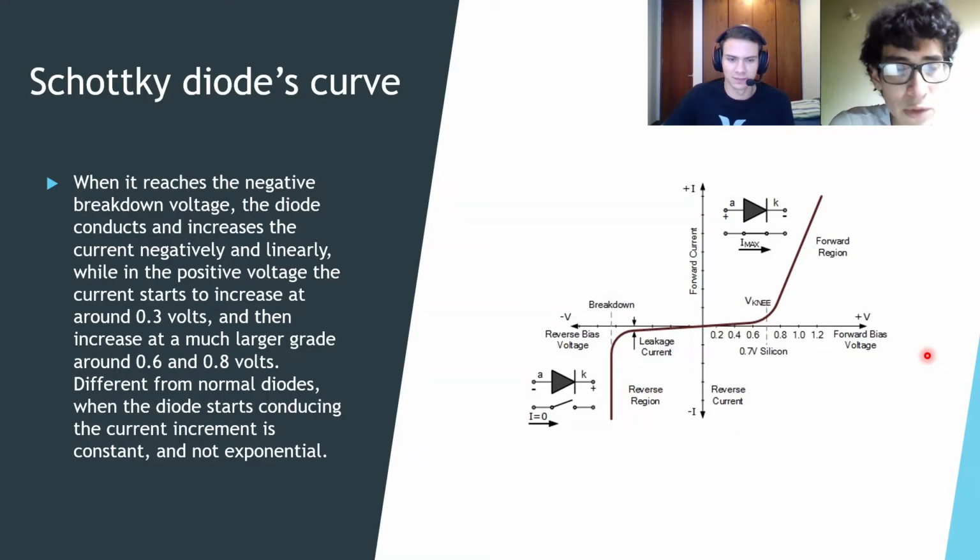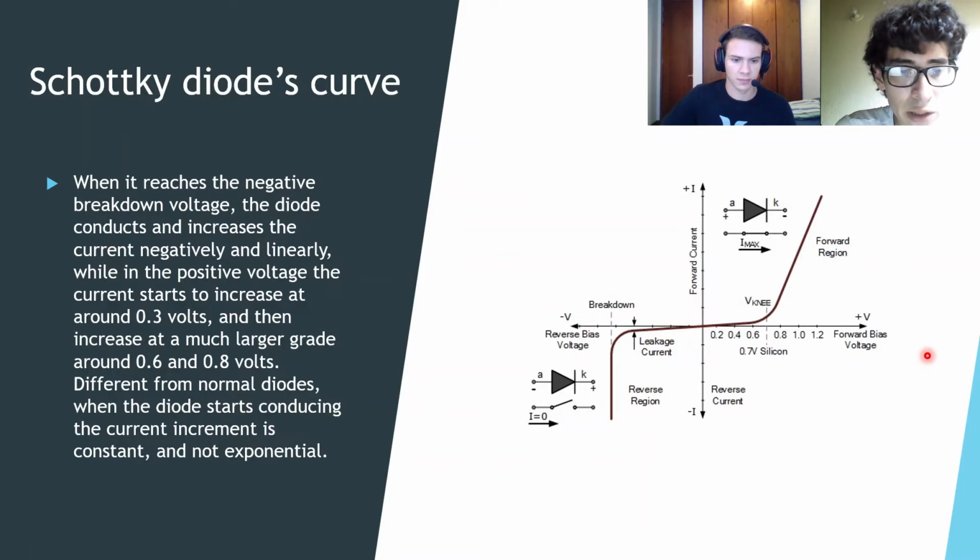Schottky diode curves. When it reaches the negative breakdown voltage, the diode conducts and increases the current negatively and linearly, while in the positive voltage, the current starts to increase at around 0.3 volts and then increases at a much lower rate around 0.6 and 0.8 volts, different from normal diodes.